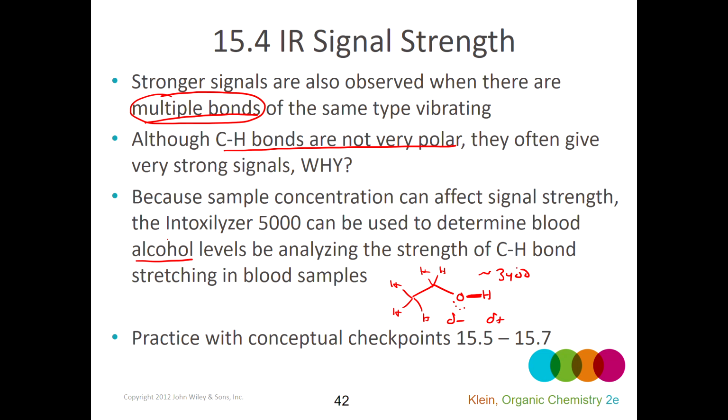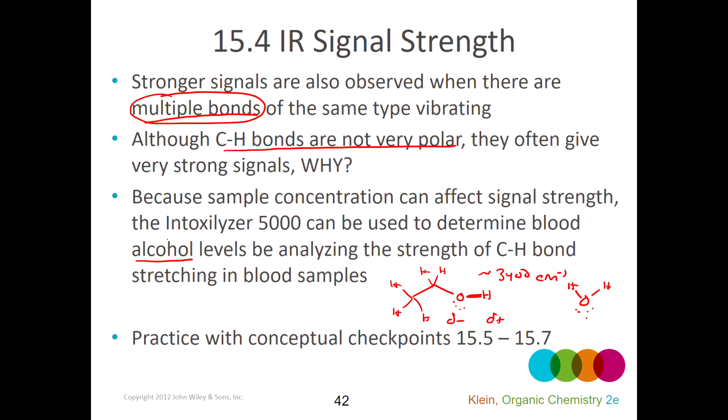Is it reasonable to assume that if someone breathes into a breathalyzer and their breath absorbs infrared radiation at 3400 that they've been drinking alcohol? What's wrong with that assumption? Well, your breath better have water in it.